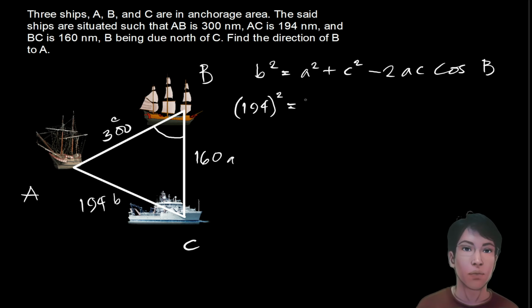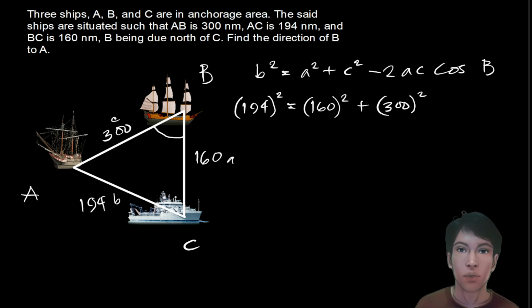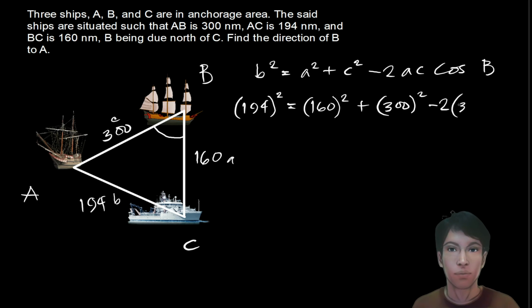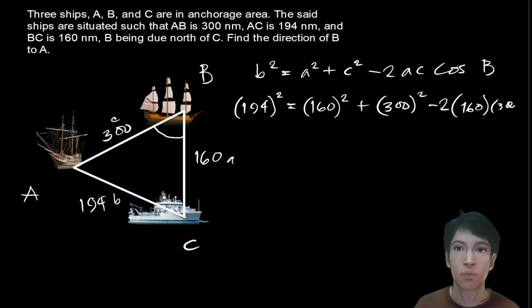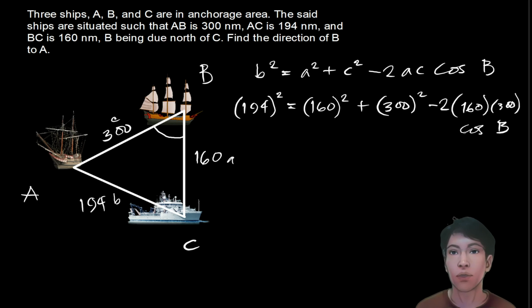Then A is 160 squared plus C is 300 squared minus 2 times 160 times 300 times cosine B.